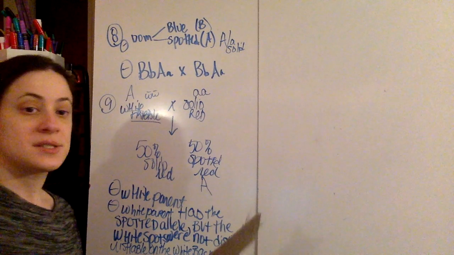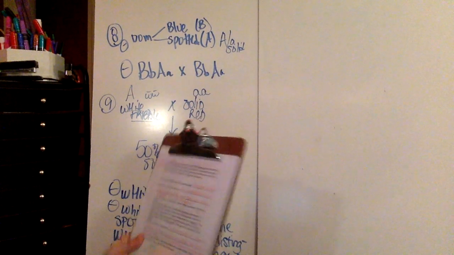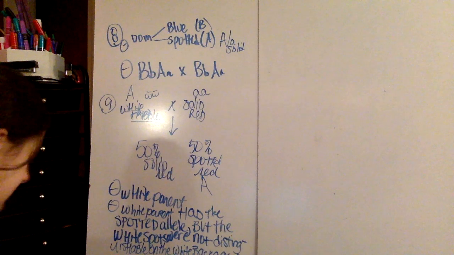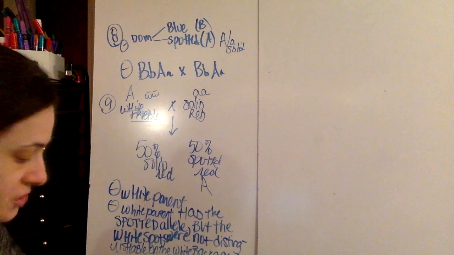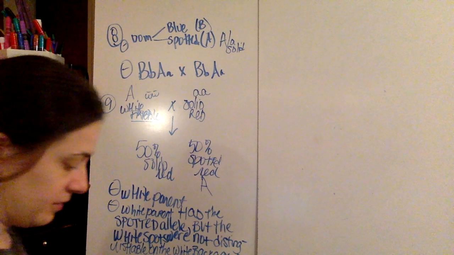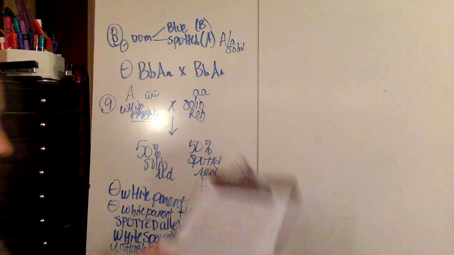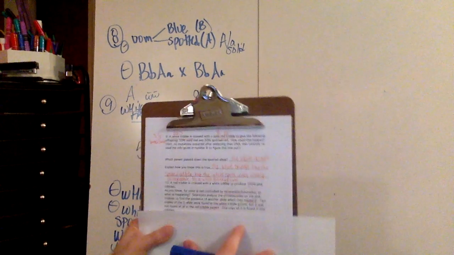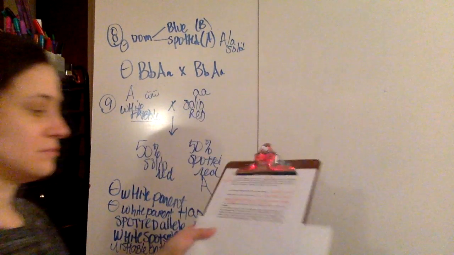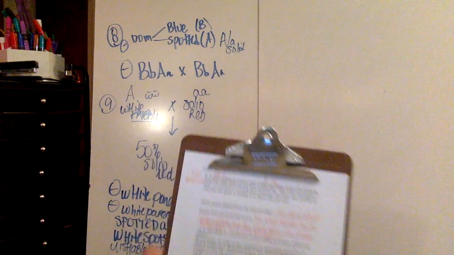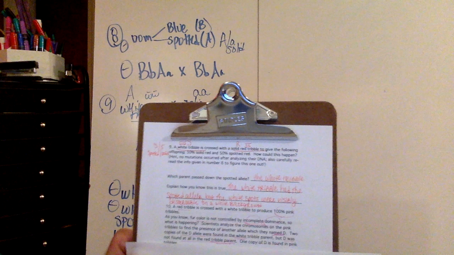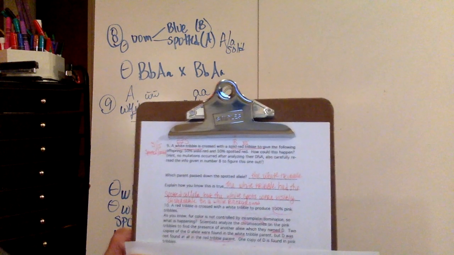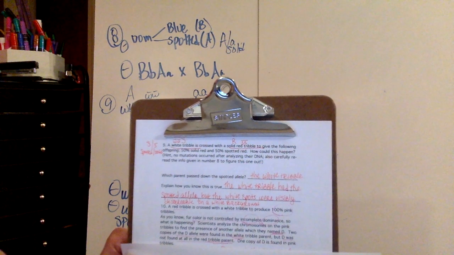Okay, so for number 10 here. Number 10 reads as follows. A red tribble is crossed with a white tribble to produce 100% pink tribbles.